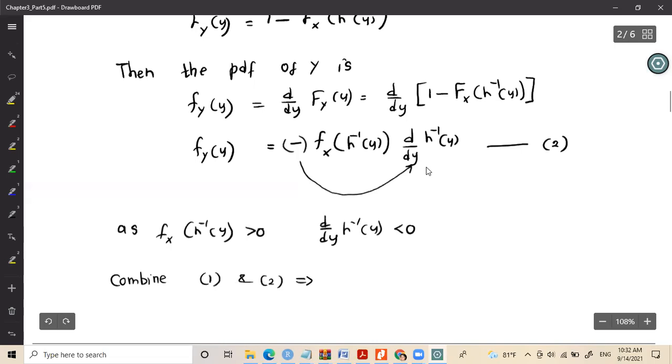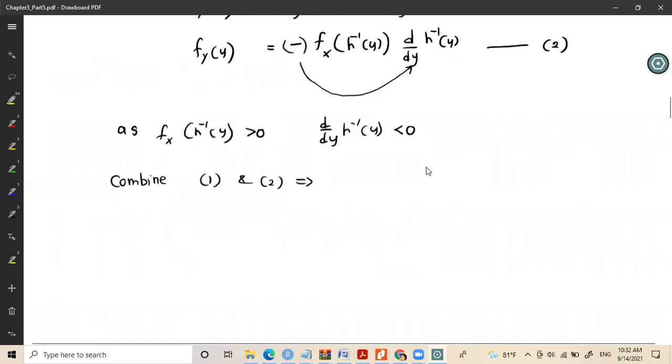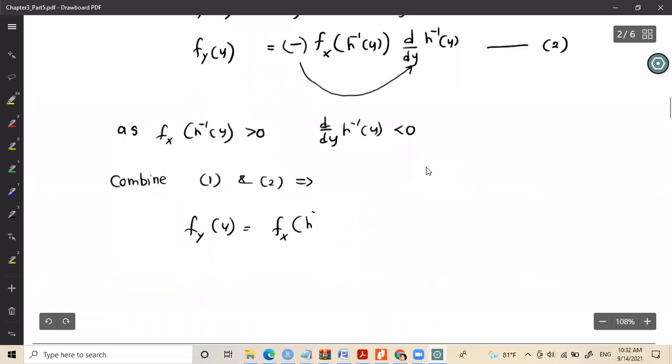So when the function is either increasing or decreasing, depending on the sign, you can write f_Y(y) to be f_X(h inverse y) times the absolute value of d over dy of h inverse y. So why this absolute value? That will incorporate both positive and negative values.